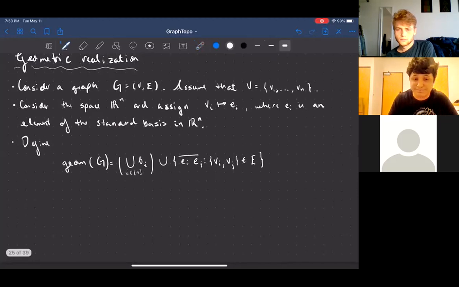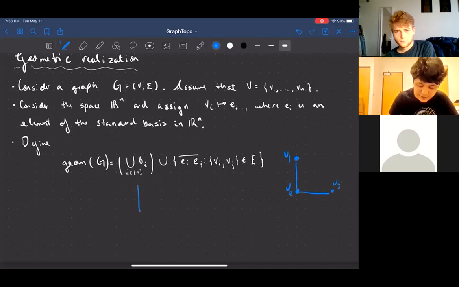So for example, I'm going to draw a graph with 3 points because I cannot draw beyond R3. So if we have, for example, this graph with 3 vertices, say this is the vertex B1, B2, and B3. So when we consider the space R3, you consider the standard basis.